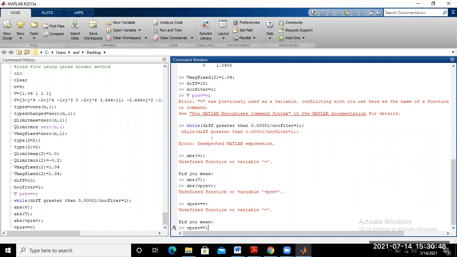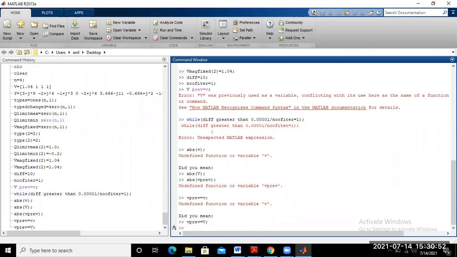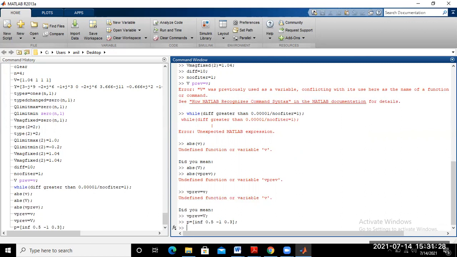So P equal to 0.5, minus 1, 0.3. Okay, so the active power input is 0.5, minus 1 and 0.3.